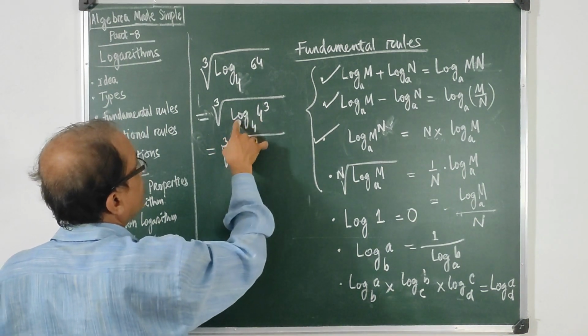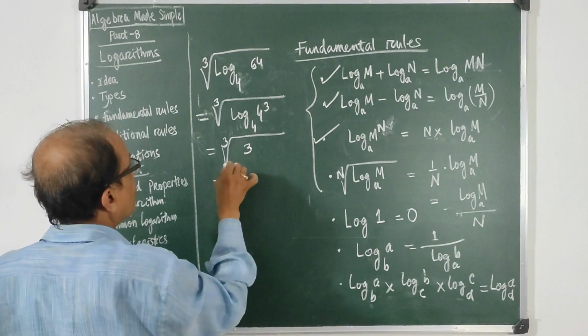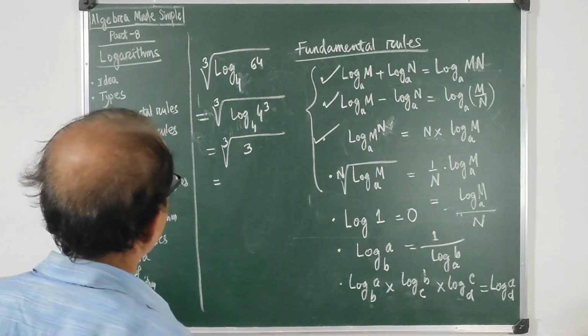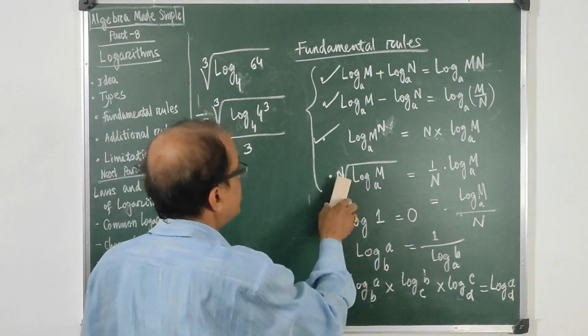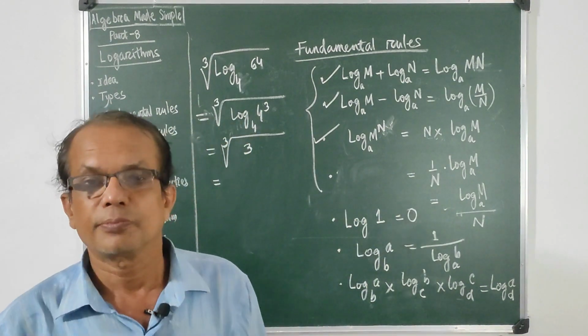So this must be log 4 cube to the base 4 is 3, and you know this is not the rule, cancel kar diya.